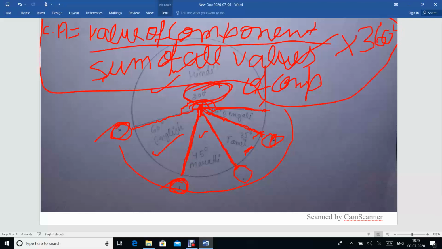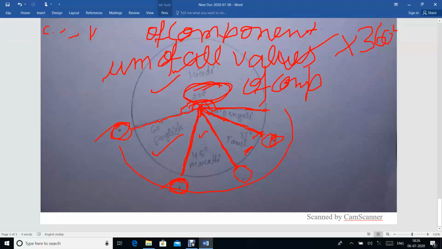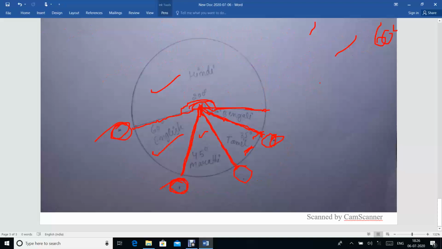With the help of this formula, we can find out the central angle, and after finding the central angle we can draw the pie chart easily.